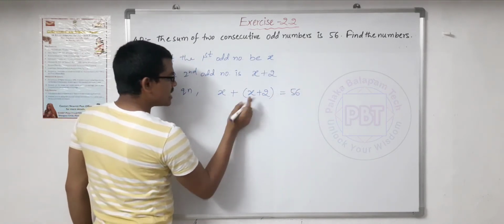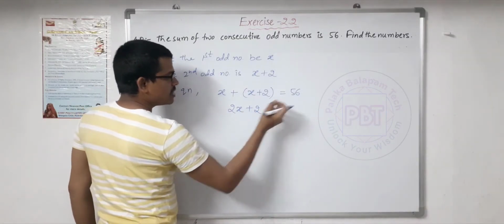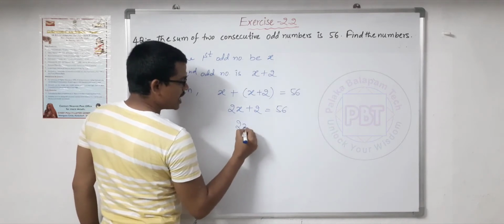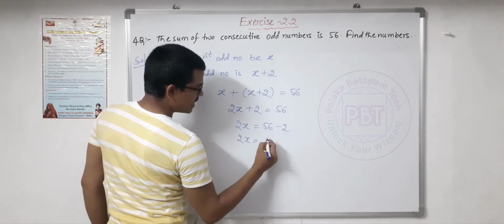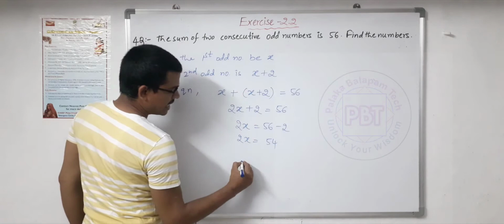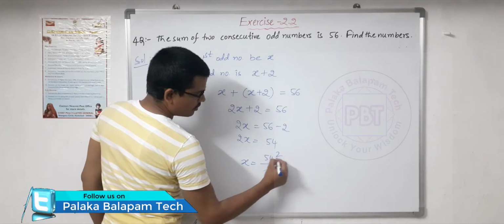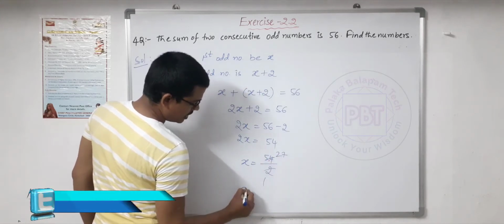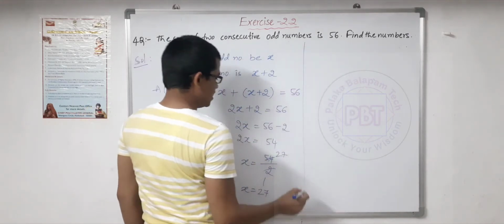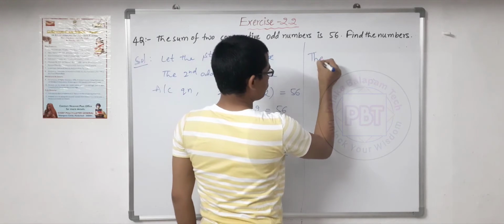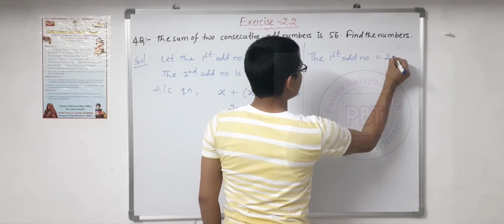Now x plus x is 2x plus 2 equal to 56. Just transpose the constant to the right hand side to find the variable x. 2x equal to 56 minus 2, which is 54. From this x equal to 54 by 2. 2 ones are 2, 2 2s are 4, 2 7s are 14. So x is 27. X is 27 means the first odd number is 27.